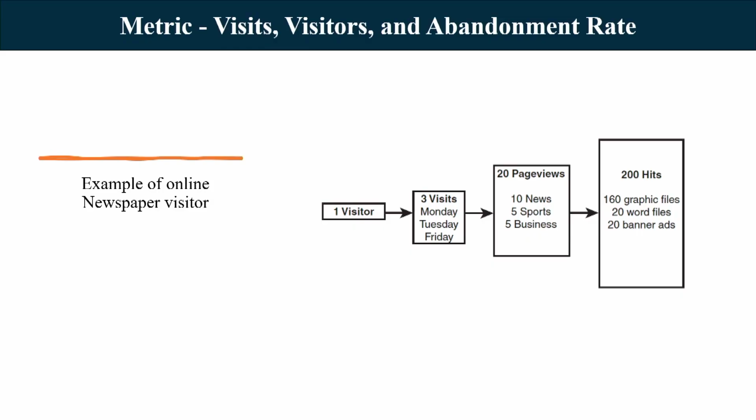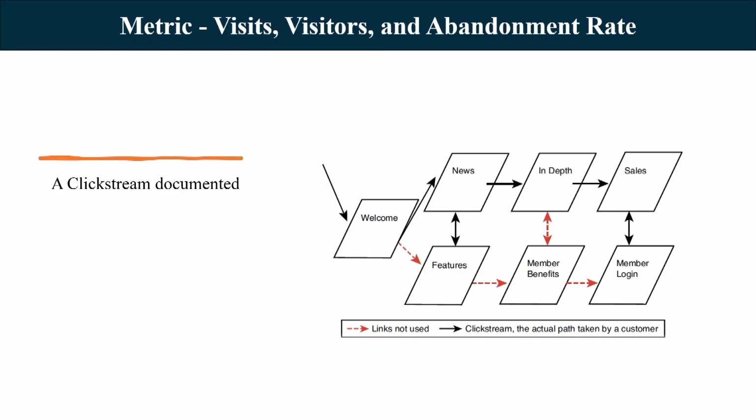Hits are important from a technical perspective, because they help you understand the overall server load. This 200 hits is not an important metric when it comes to marketing, but it is definitely important for the performance of the website and for evaluating its traffic tolerance.